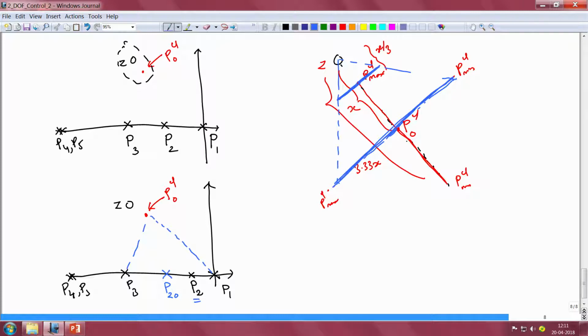What is the magnitude of this straight line? From similar triangles we can see that if ZPCL max, which is this distance here indicated by the blue line, is x by 3 and ZPCL naught is x, then the shorter blue line is going to be 1/3 in length compared to the bigger blue line. So this is going to be the line along which the closed loop pole is going to vary.